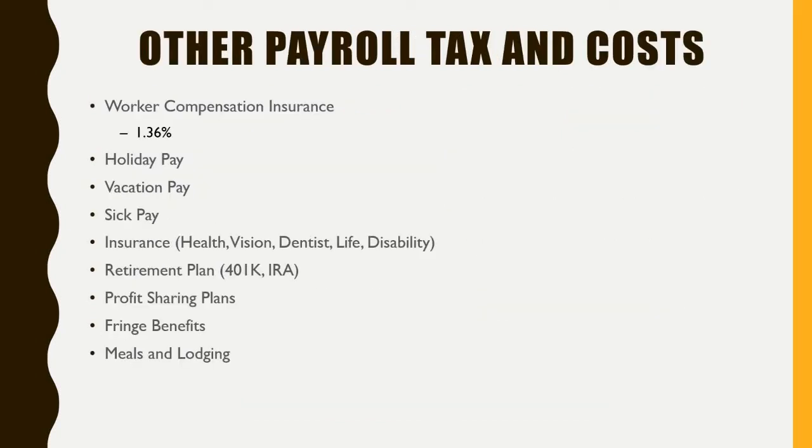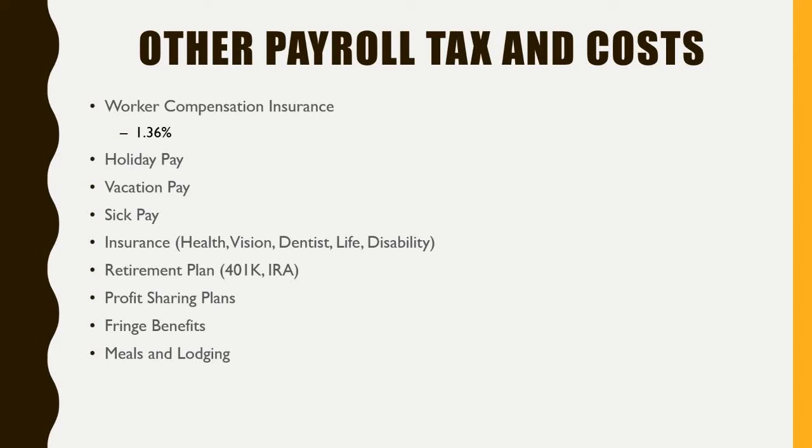Other things that you are going to be obligated to pay into are things that are required by the state. So workers' compensation is a requirement of the state. Now, this is going to be based on how labor intensive your job is.